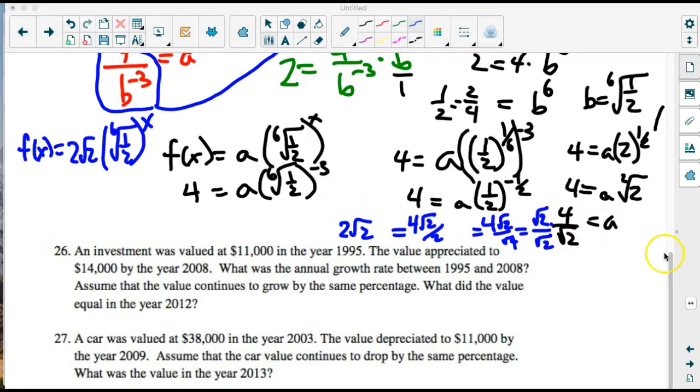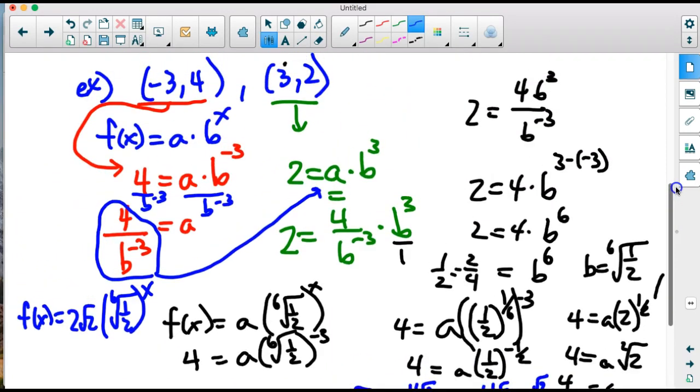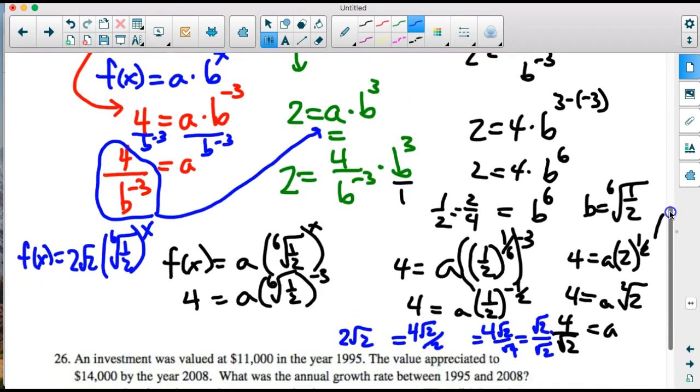Okay, and that was one of the most difficult ones on the homework assignment, where you had these 2 points and you come up with this solution of f of x equals 2 square root of 2 times the 6th root of 1/2 to the x. Now this is not standard notation here as well. We would have to rationalize that as well, like we rationalized this one, to get the actual nice solution here.